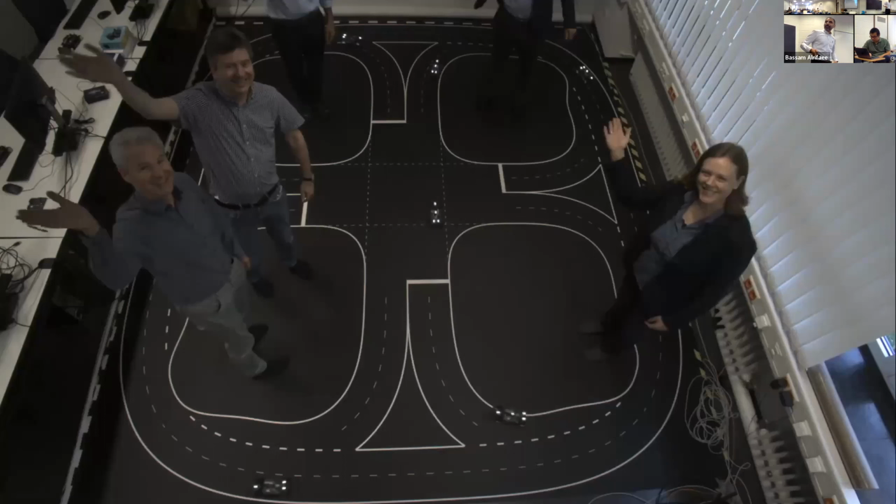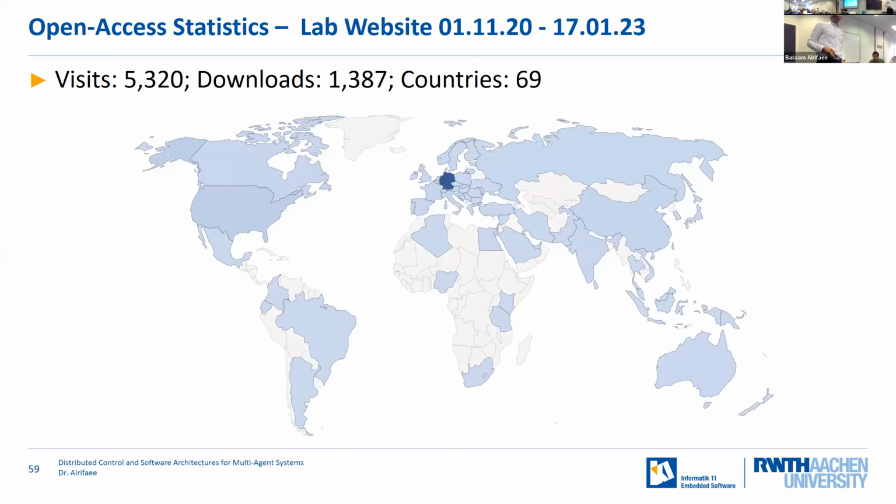We also use it in project meetings to say hello to the cam and put the pictures on the website. And here you see our outreach. We have a lot of visits and downloads from 69 countries in the world. Maybe if you go on vacation to one of the gray countries, you can just access the CPM lab.